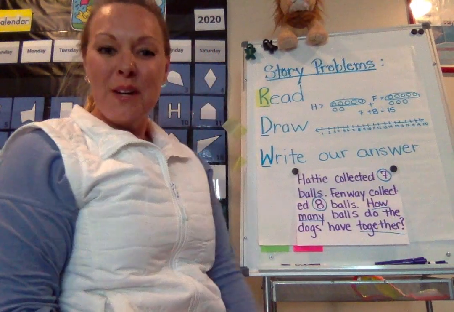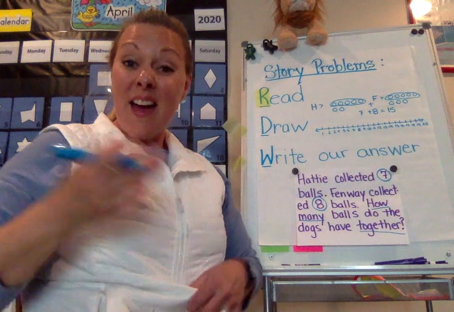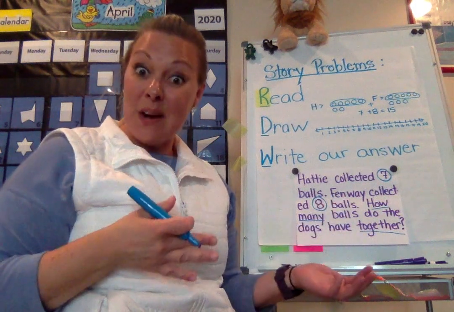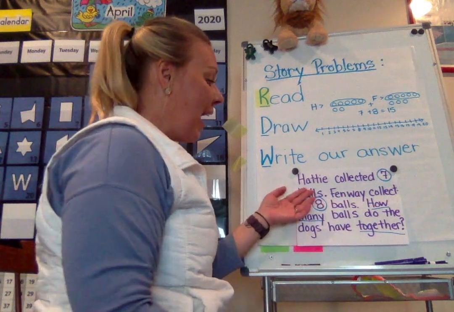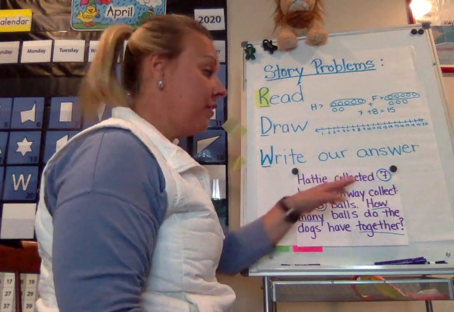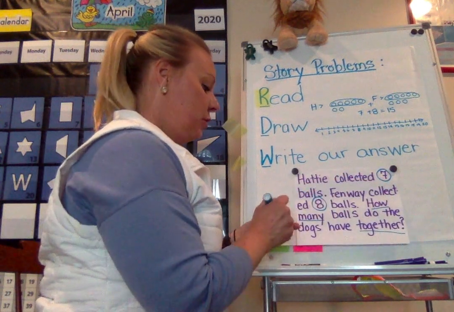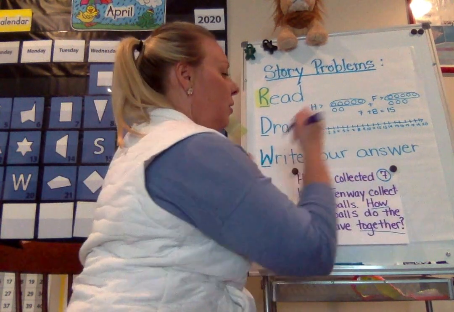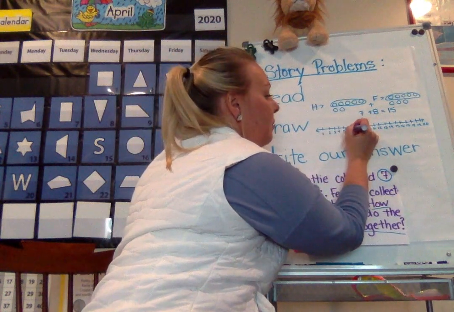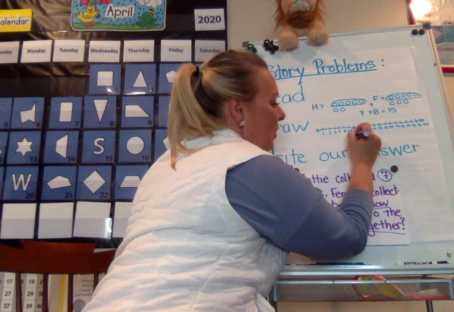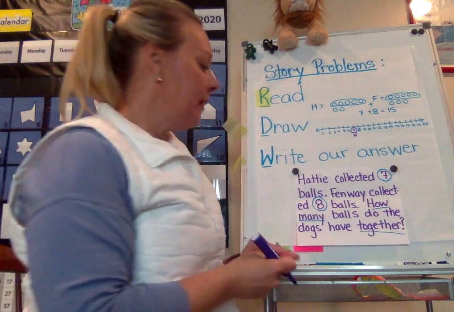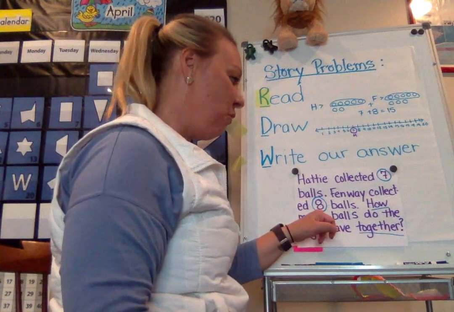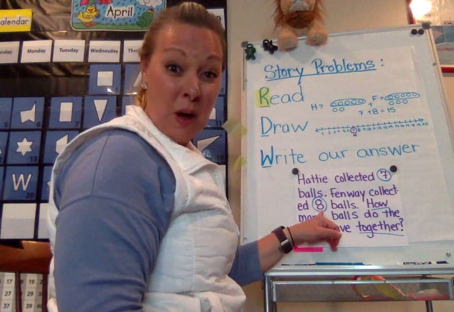Okay, so when we're using a number line, boys and girls, we need to start out with looking at our problem again, right? And how many balls did Hattie have? She started with 7. So I'm going to circle my number 7. And I'm just going to put a little H there for Hattie. And then I know that Fenway collected 8 more balls.